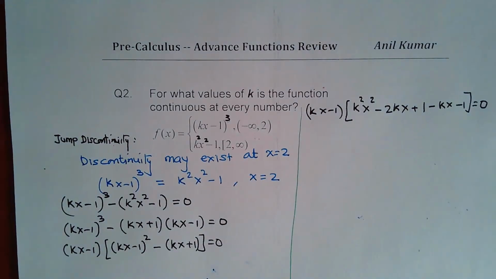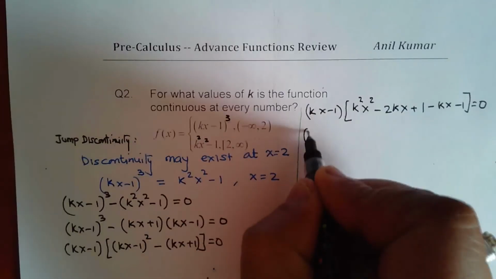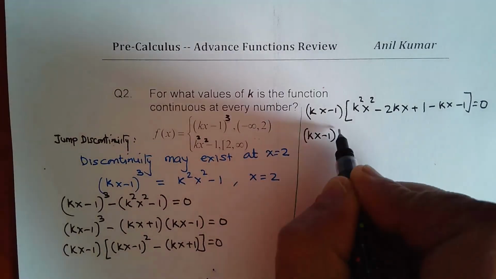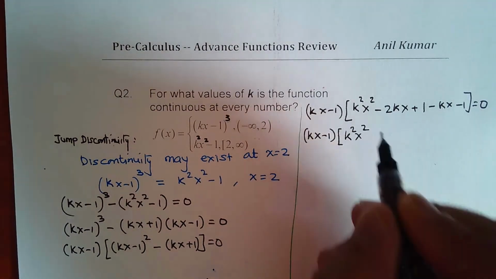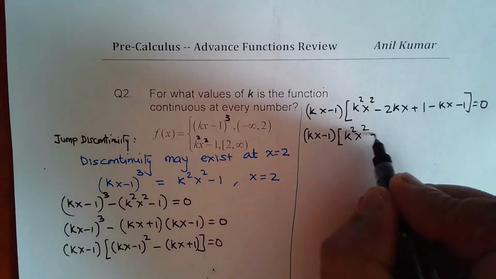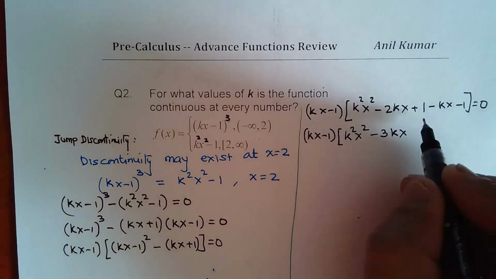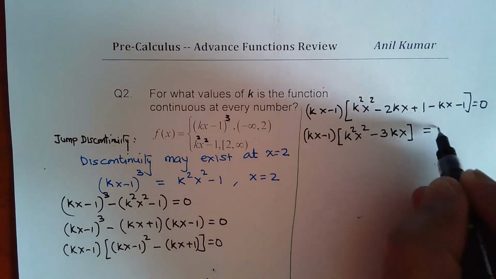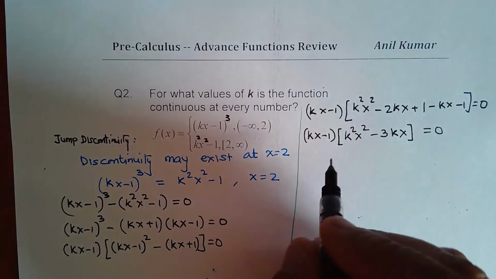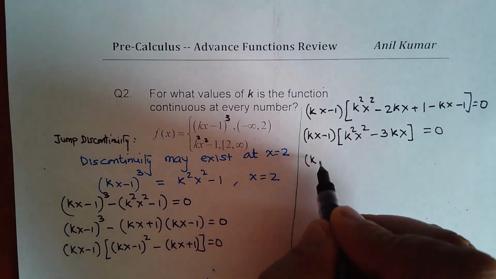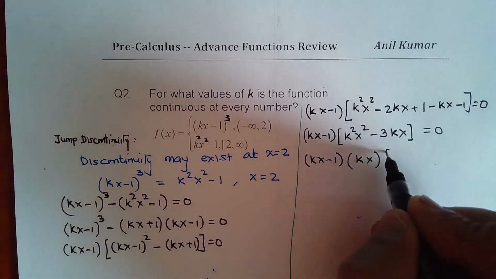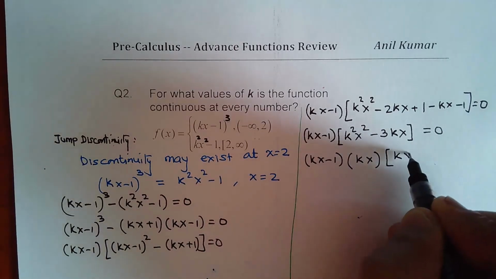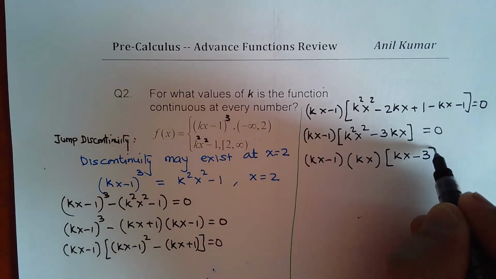Perfect. So that's what we get. Let's simplify it. So we have kx minus 1 outside, and here we have k squared x squared minus 2kx minus kx, which is minus 3kx, and plus 1 minus 1 cancels out. So we can factor out kx. So we have (kx minus 1) times kx times (kx minus 3) equals to 0.